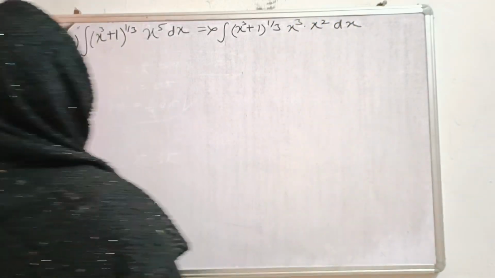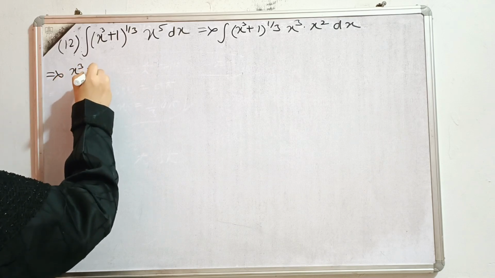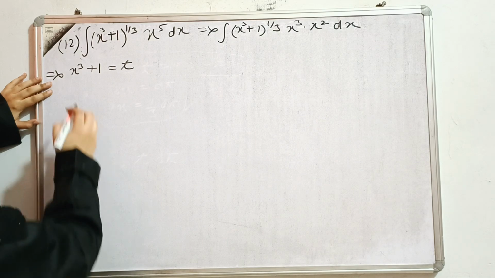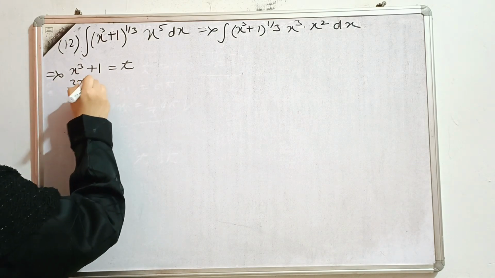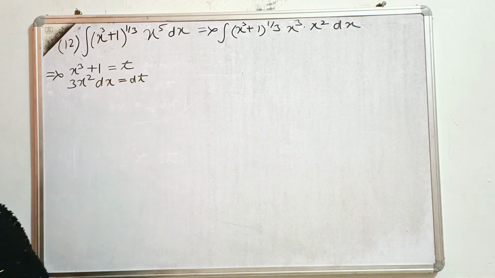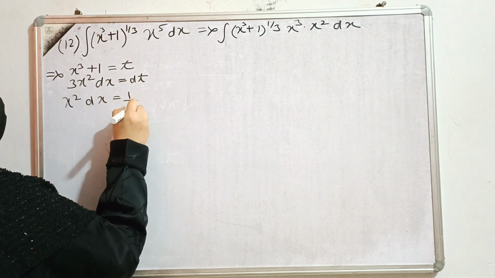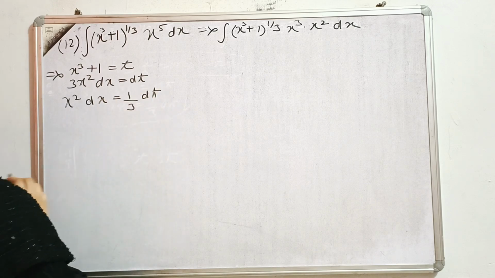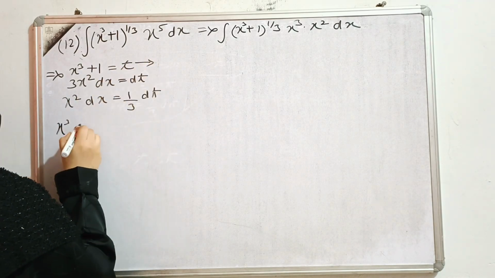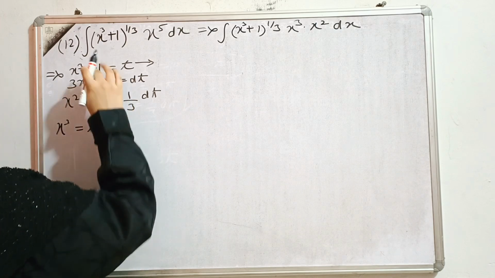Now substituting x cube plus 1 equal to t, we get 3x square dx equal to dt, or x square dx equal to 1 upon 3 dt.